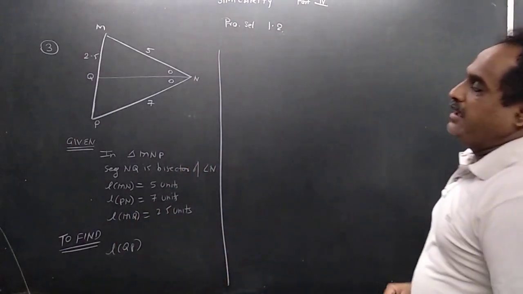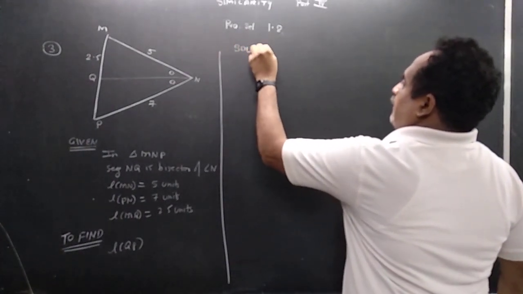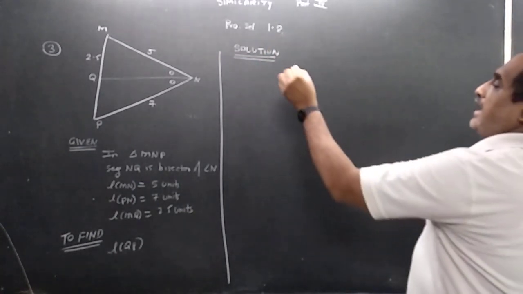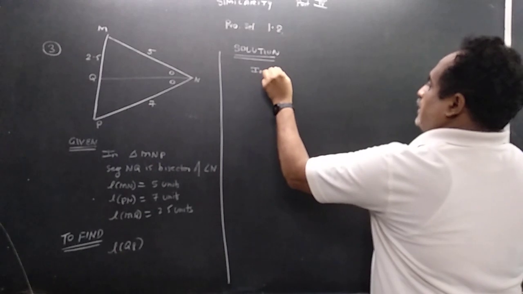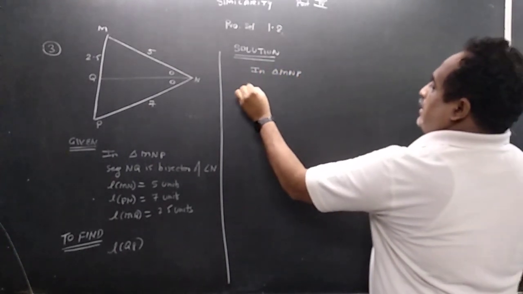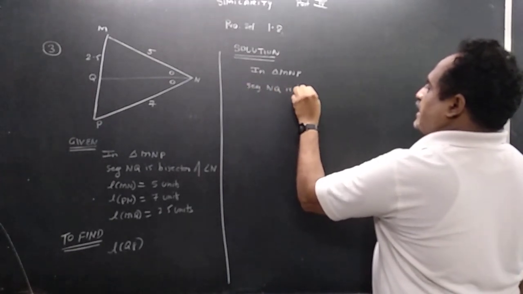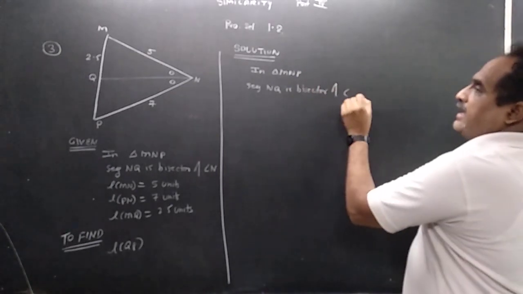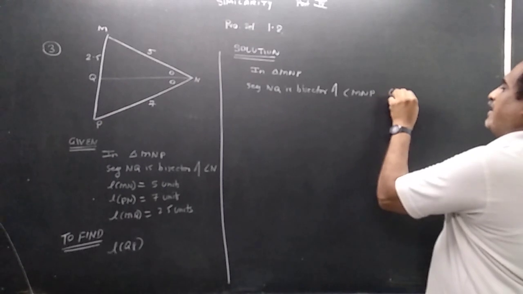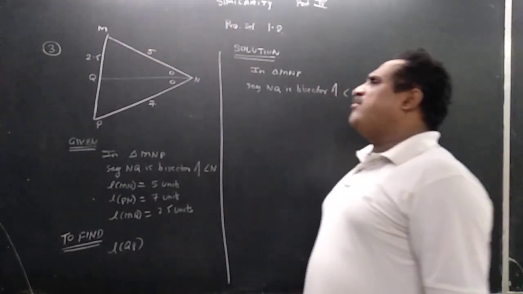For that, what I'm going to write is solution. In triangle MNP, segment NQ is a bisector of angle MNP. This is given. Don't write only N. When a bisector is given, it means you are going to apply what?